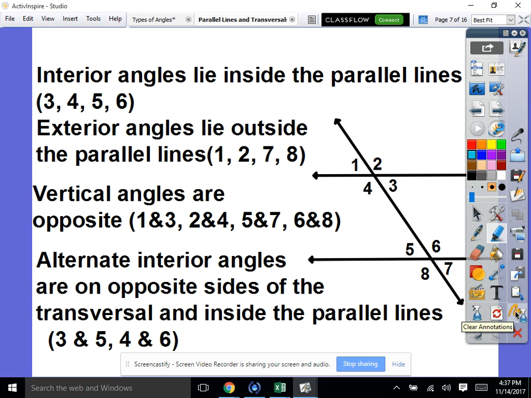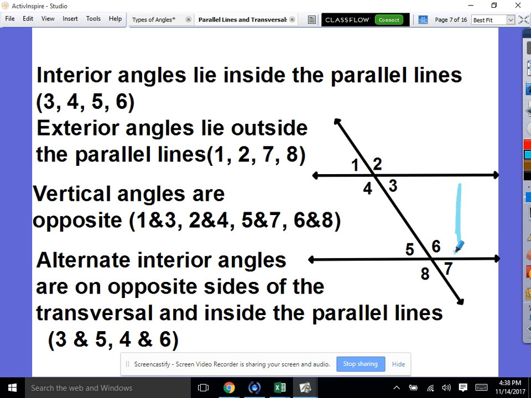Alternate interior angles, well, we already know interior is inside, but alternate means they're on opposite sides of the transversal and inside the parallel lines. So 4 and 6 are alternate interior angles. 3 and 5 are alternate interior angles.